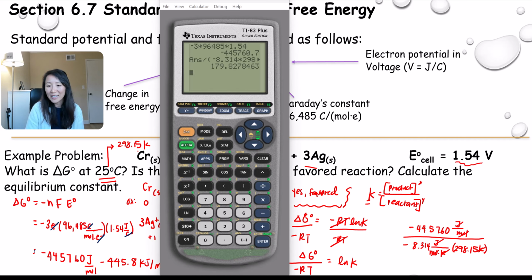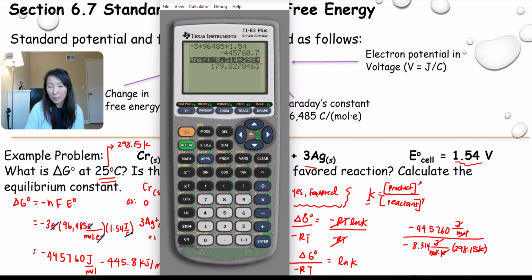So the calculation here shows what I had previously, negative 44760, that was my delta G, divided by the gas constant, and then multiplied by the temperature, 298.15.